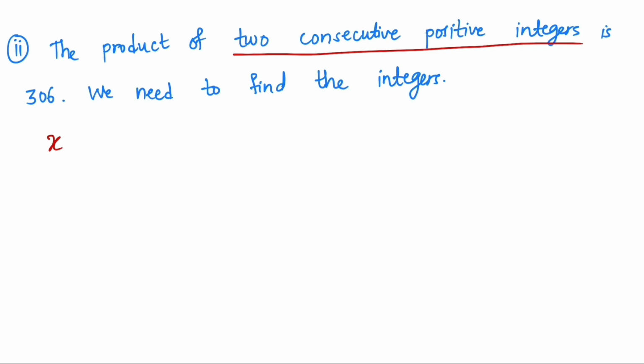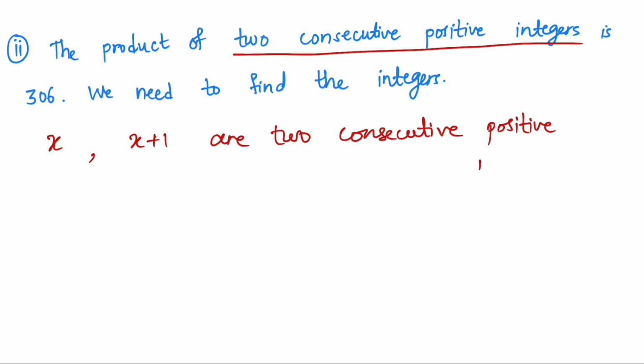So the next positive integer is clearly x plus 1, right. So x and x plus 1 are two consecutive positive integers, and we are given that the product of these integers is 306.